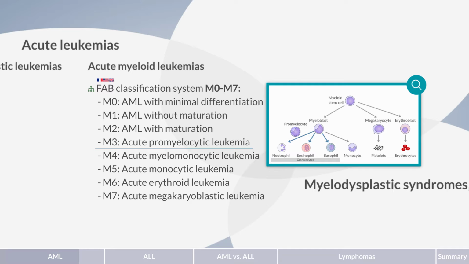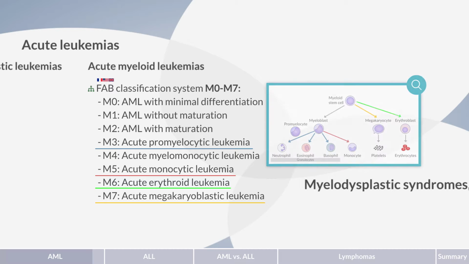Other acute myeloid leukemia subtypes based on the FAB classification system are M5, M6, and M7, or acute monocytic leukemia, acute erythroid leukemia, and acute megakaryocytic leukemia, respectively. The names of the subtypes are a good indication of their origin.